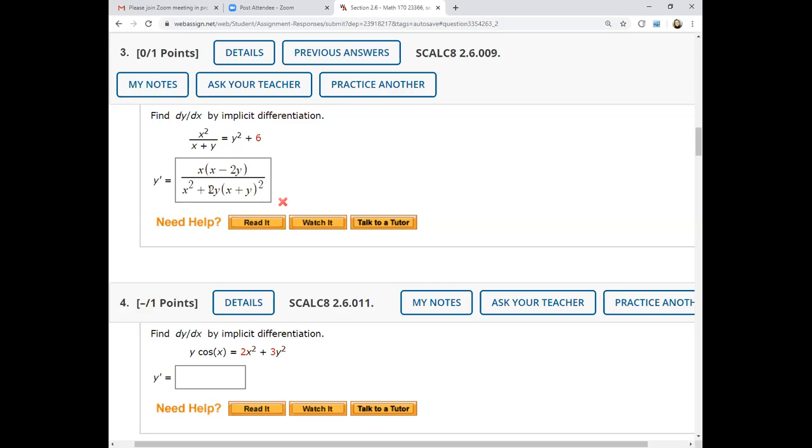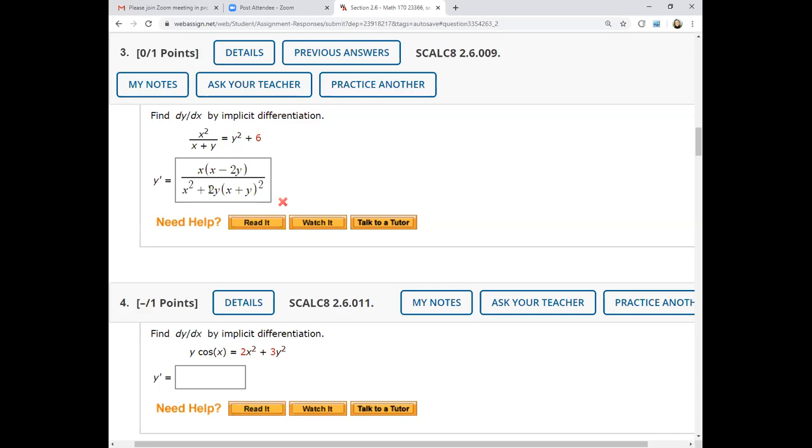I think what I did when I multiplied by x plus y squared is I made it a factor of dy dx. And I was actually wondering about that when you did that. It's just a coefficient. I mean, it's still legal, but I can't factor dy dx out of it.